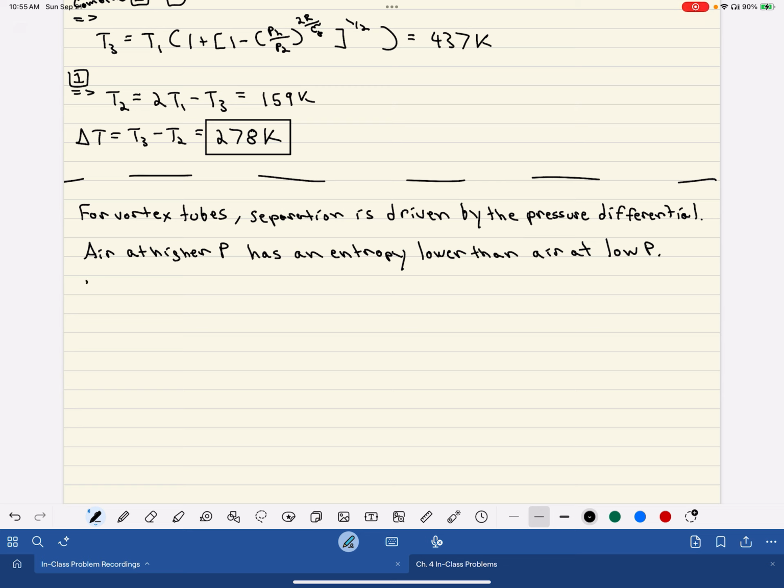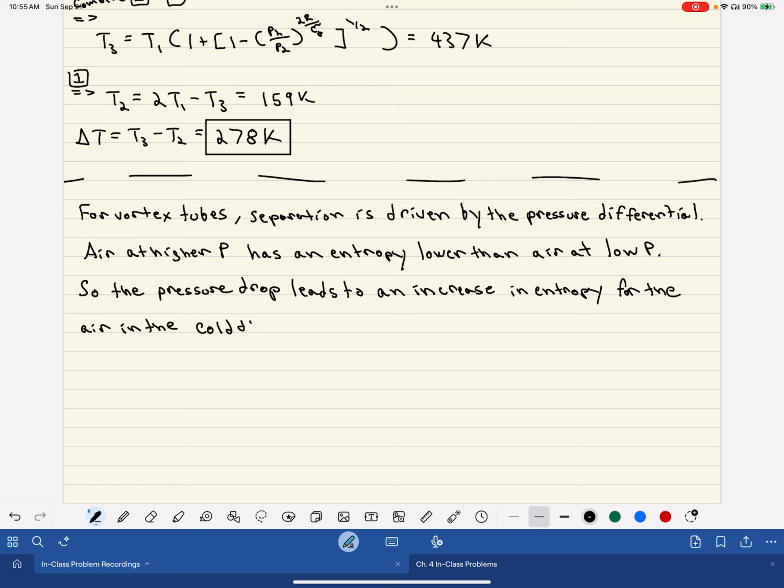All right. So the pressure drop leads to an increase in entropy for the air in the cold and hot outlet streams.